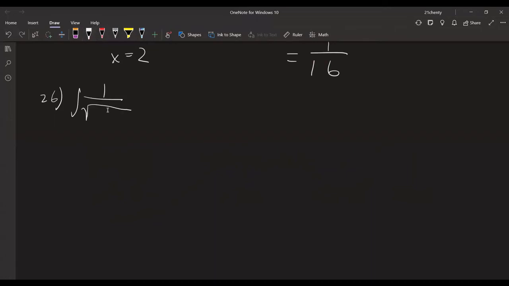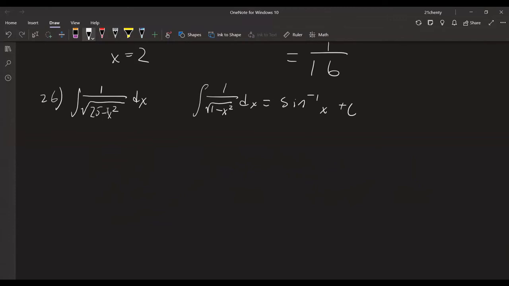This time we're doing the arc trigonometric functions, or the inverse trigonometric functions. So this is very similar to 1 over, right here, the antiderivative of 1 over square root of 1 minus x squared equals arc sine of x.